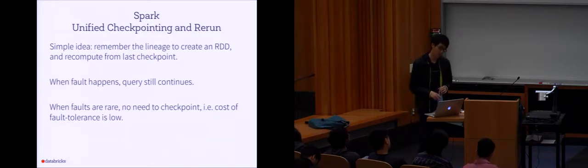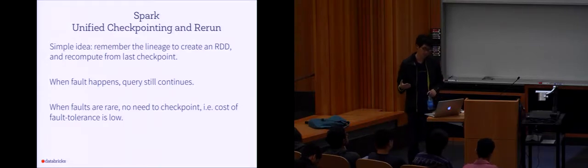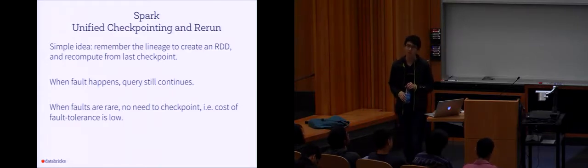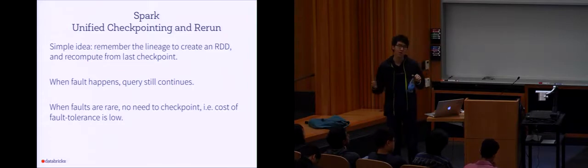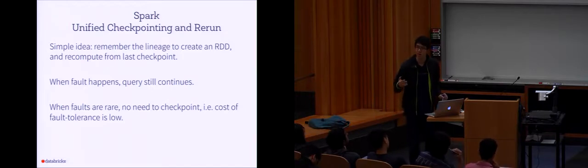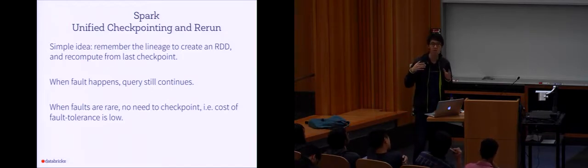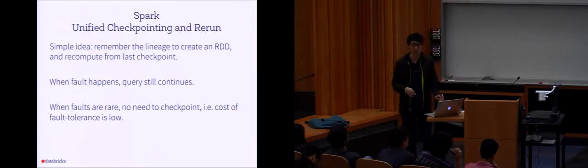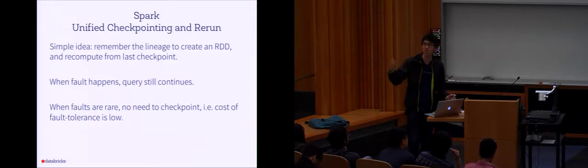So the idea in Spark is that Spark started with a fairly interesting idea, which is let's combine the two. I will allow you to checkpoint when the data processing is long and expensive. But in most cases, let's just rerun from the beginning, or in the case of a checkpoint, rerun from the last checkpoint.